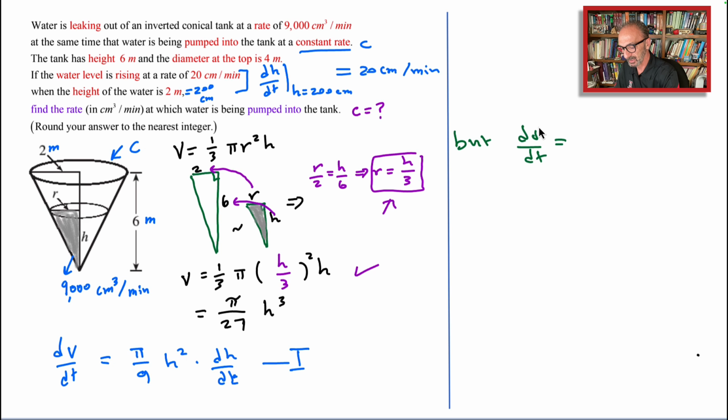So this is a plus, this is a minus. That will give me the rate of change of the volume. So with that in mind, we do have C minus 9,000. So we have two ideas for dV dt. This is one of them, and this is another one. We're going to merge them together. That's called substitution.